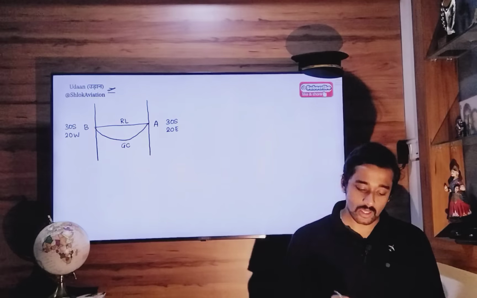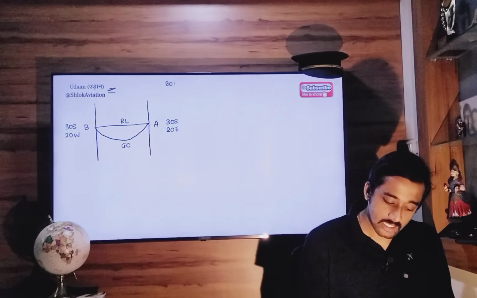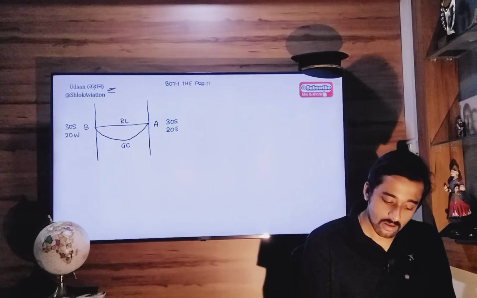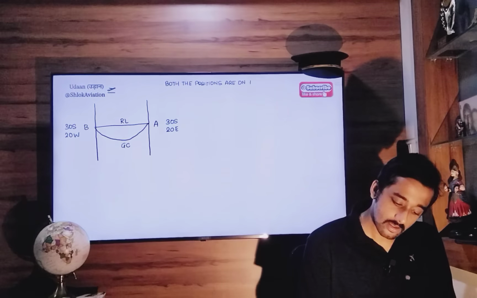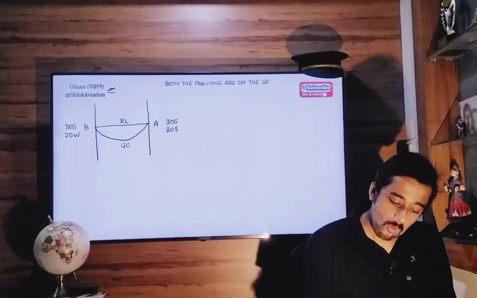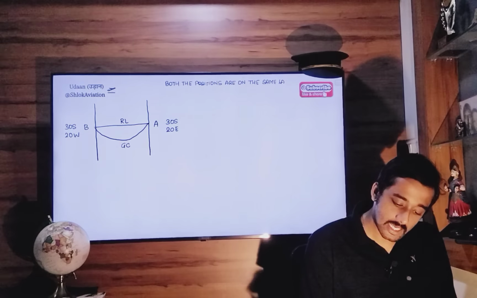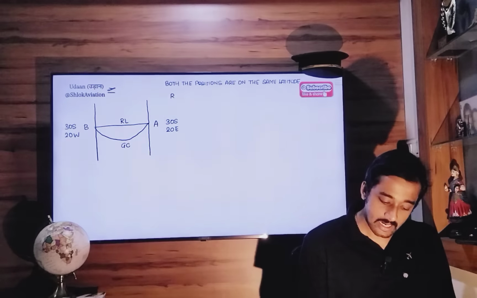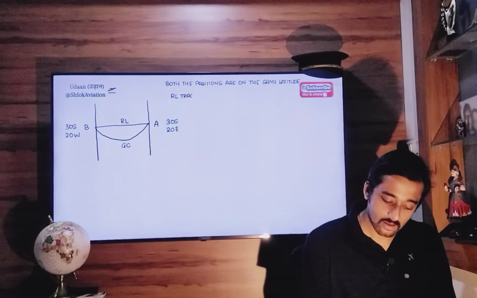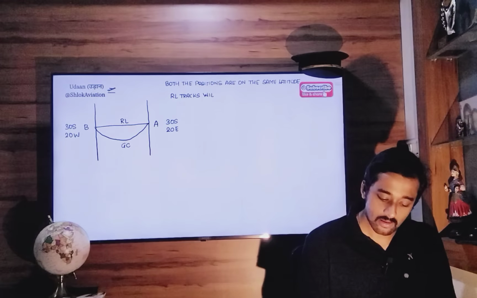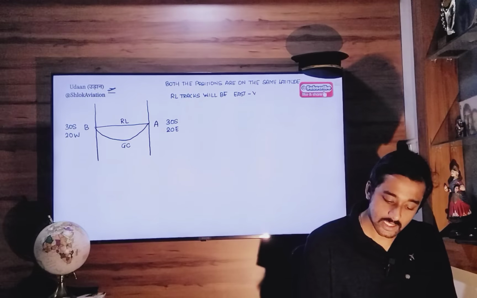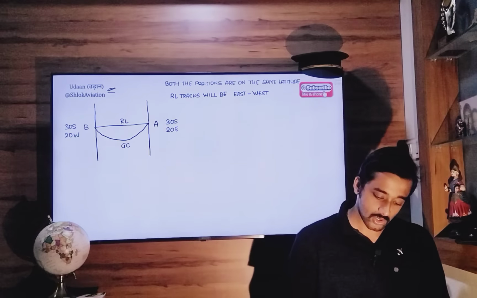Right? Now we have to find the great circle track. Now you can see that both positions are on the same latitude. That means the rhumb line tracks will be oriented in the east and west direction.